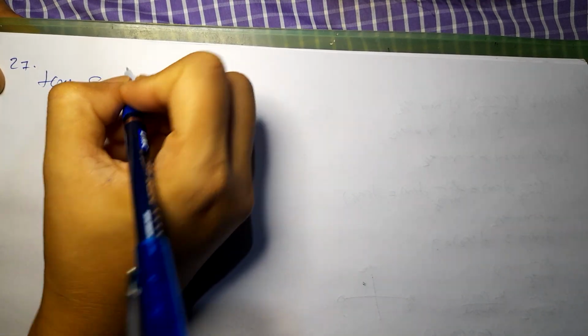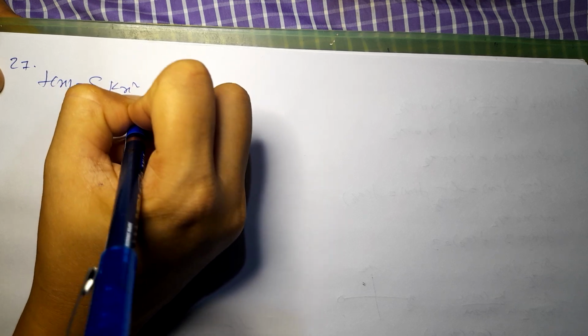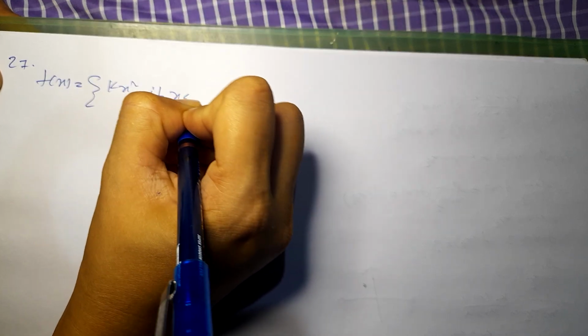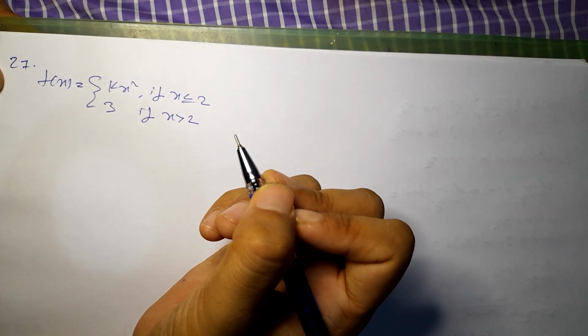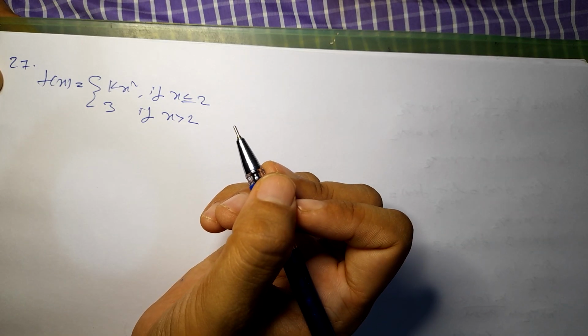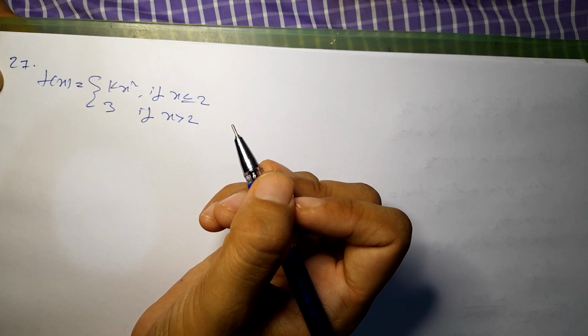So f of x is given, that is kx square if x less than or equal to 2, 3 if x greater than 2.